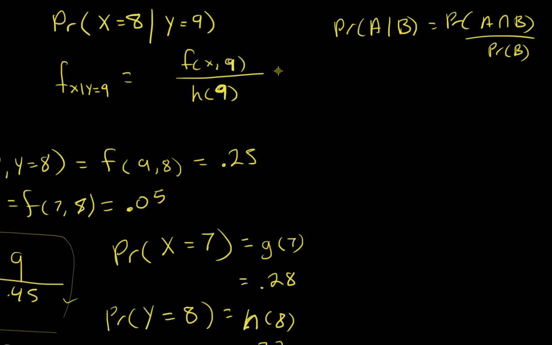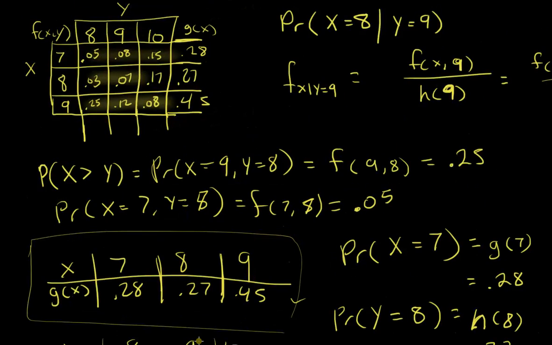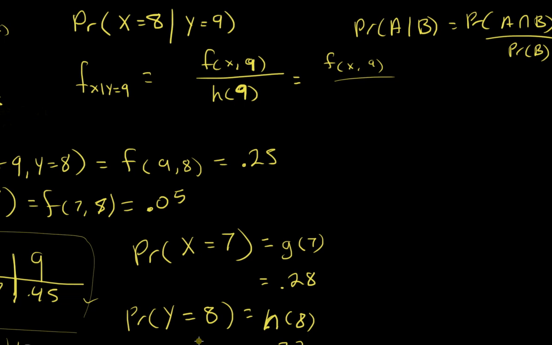Okay? So this would be f of x comma 9. And then down here, what is h of 9? Let's go look at the marginal. It's 0.27. So you would plug that in. Now if I want to find the probability x equals 8, then I would plug in 8 here. So this would be f of 8 comma 9 divided by 0.27.